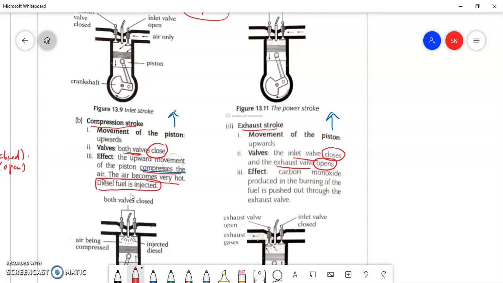At the end of this stroke, before it's completed, diesel fuel will be injected. No spark plug is used. For the petrol engine there is a spark plug; here the diesel fuel is just injected.